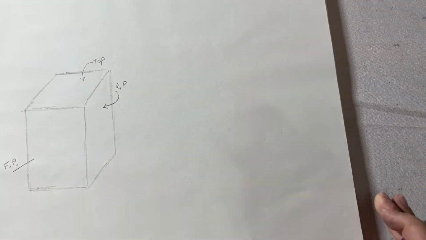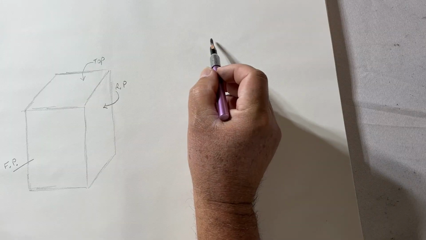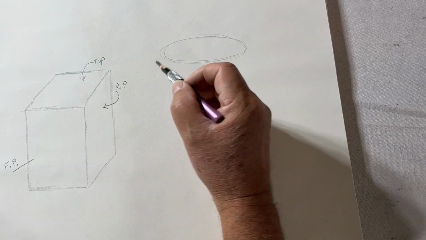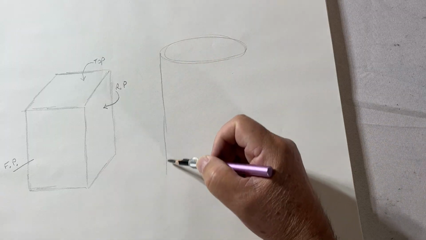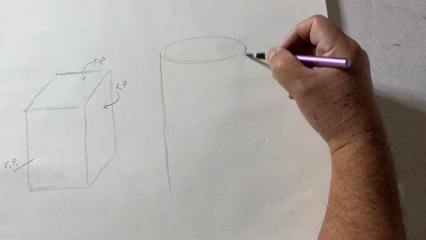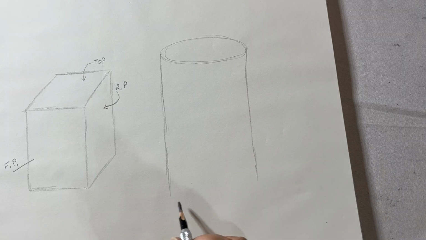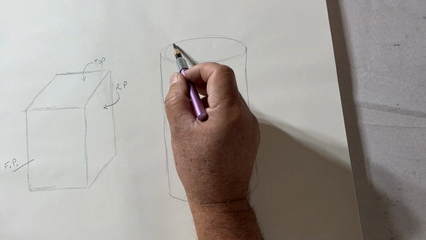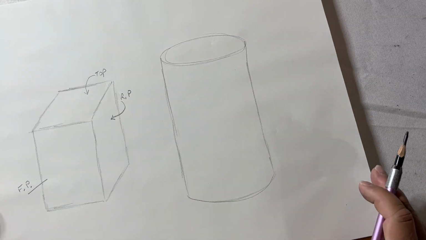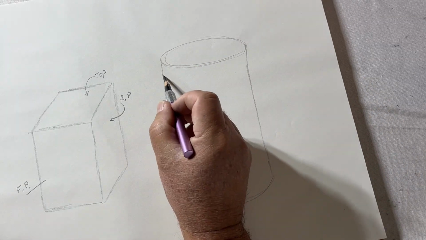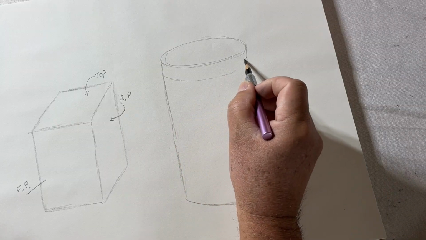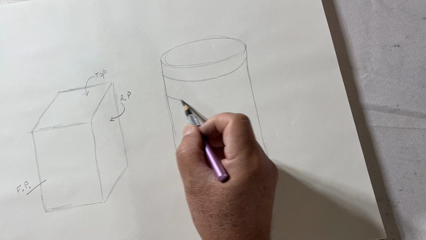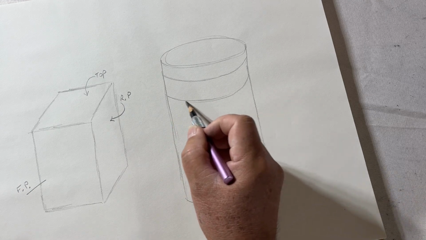But what happens if you have an object that's not flat? Let's say that we have a cylinder. But we want to demonstrate this as a plane. Well, what you want to do in this case is you want to use your cross contours to help you figure that out. And remember, the cross contours are these imaginary lines that go around an object.